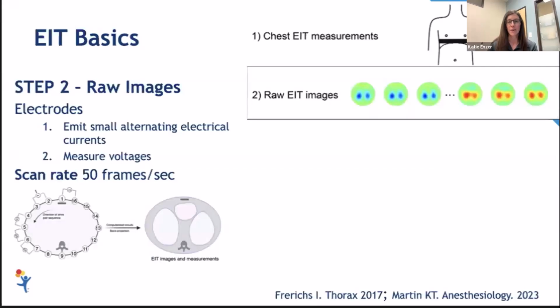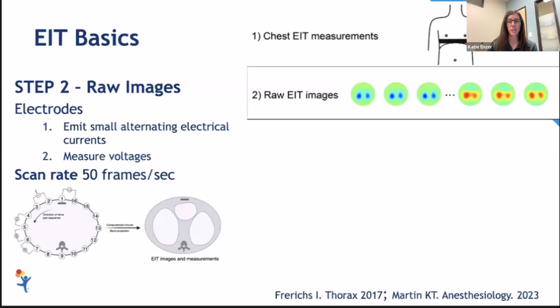During the EIT exam, very small alternating currents are applied through the electrodes, and then the resulting voltages are measured by the paired remaining electrodes. This current is well below the threshold of human skin perception, so it can't be felt during the study. Through these measured voltages, EIT calculates something called impedance, which is the resistance to the flow of current through an object.